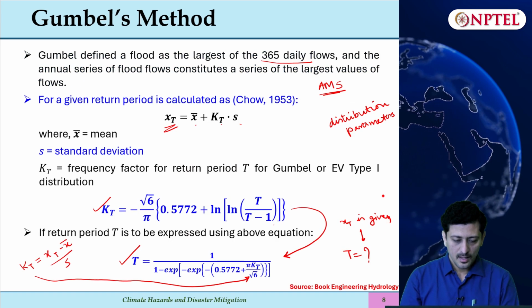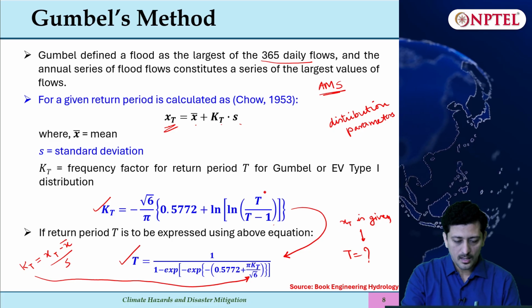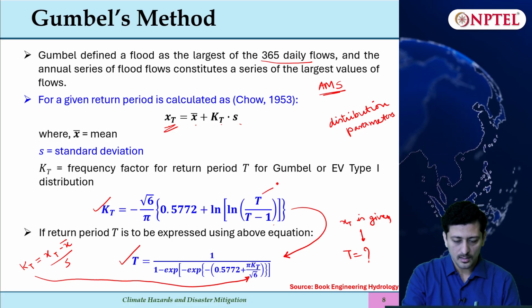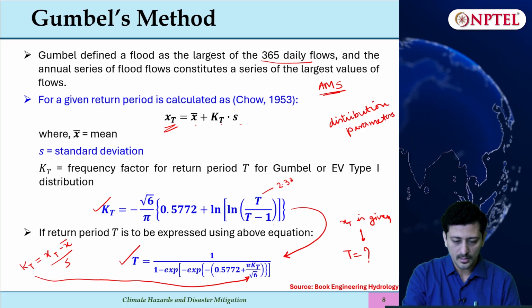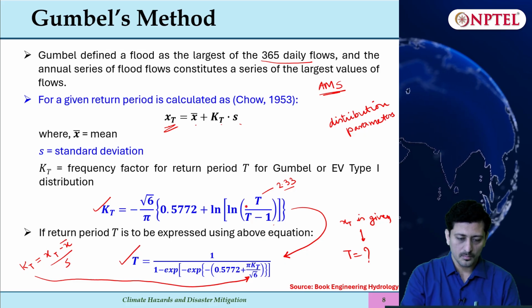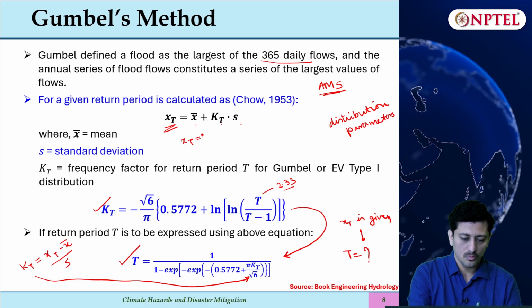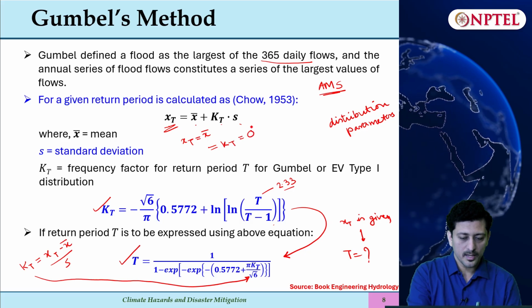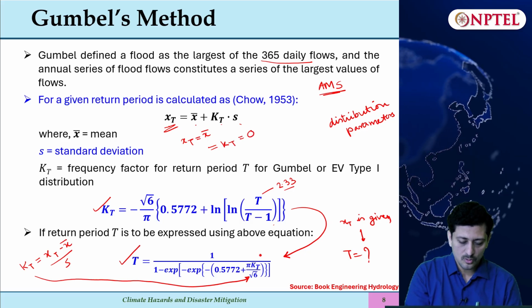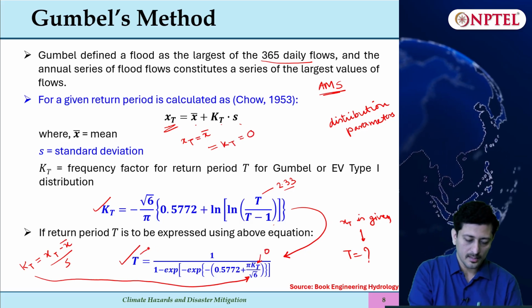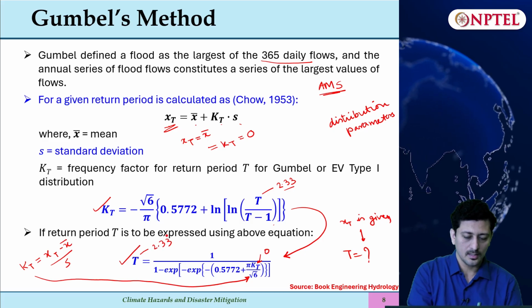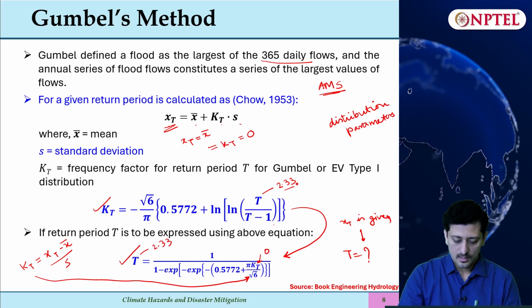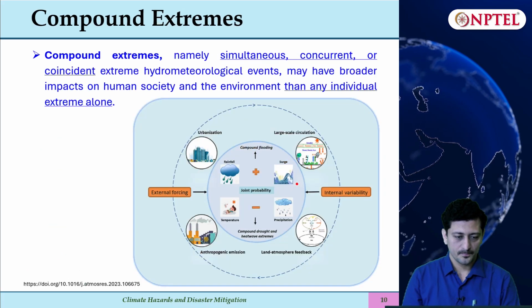If I just go back to this equation, if you put, let us say, xT equal to x bar, then what is your KT value? Your KT value becomes 0. So in that case you put KT as 0 and you find T, your answer will be 2.33 year return period, and that is how we can confirm the same.